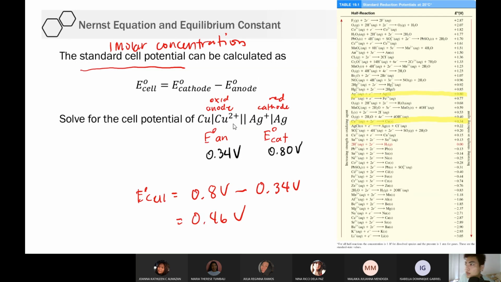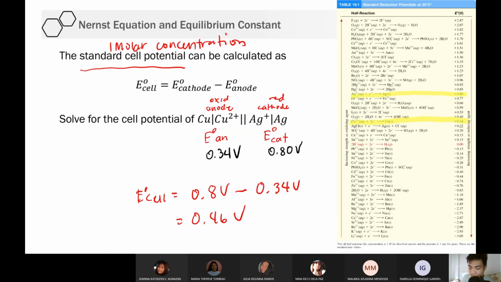Again, paano ito nakuha? Identify mo lang ano yung anode, ano yung cathode. If the system is written this way, ibig sabihin, yung nasa left side, ito yung anode, ito yung oxidation, and yung nasa right side, ito yung cathode, yun yung reduction. Pattern diyan sa setup kanina.